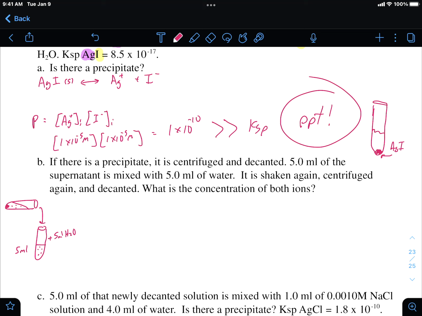Does that make sense, guys? We're taking the solution above the solid. That's what the supernatant is. It's the liquid above the solid. And we're just pouring 5 milliliters of it into another test tube, and then we are adding water. So now what we have is a test tube with a total volume of 10 milliliters. Okay. What's the concentration of both of the ions?